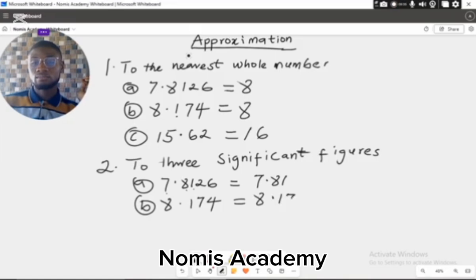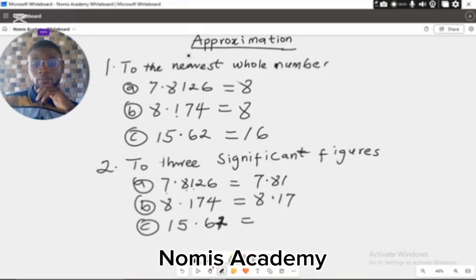So let's take the third option. 15.62 to three significant figures. 15.62: 1, 2, 3, 6 is the third significant figure.